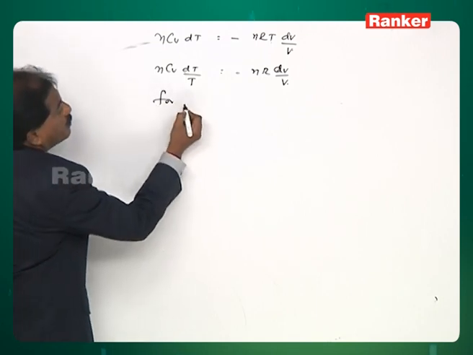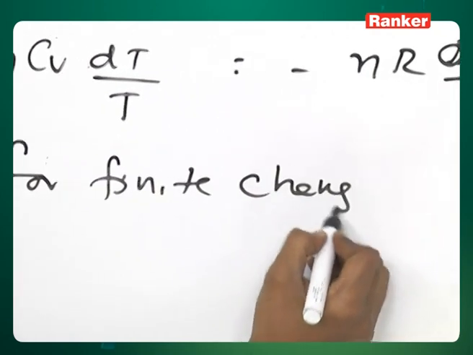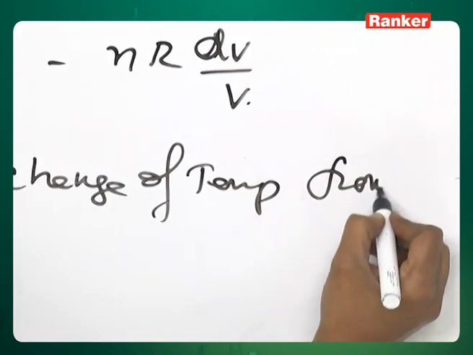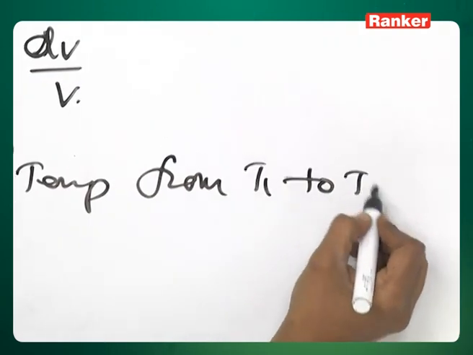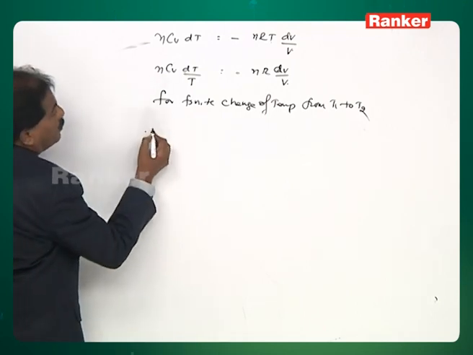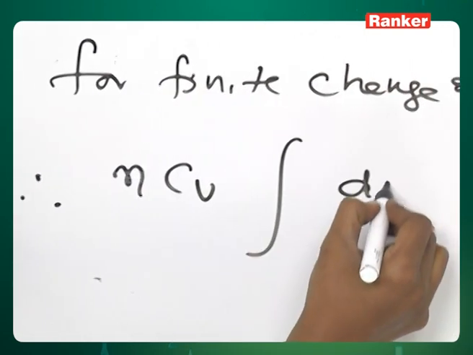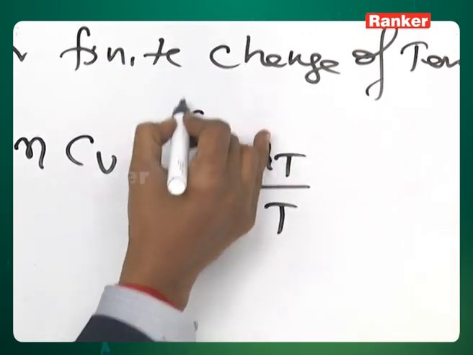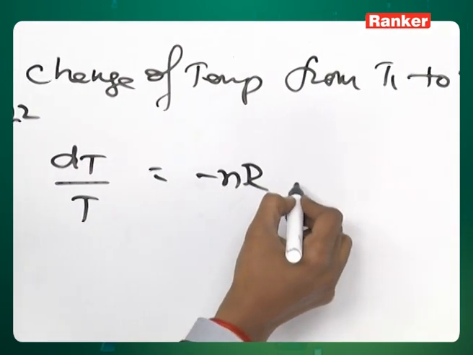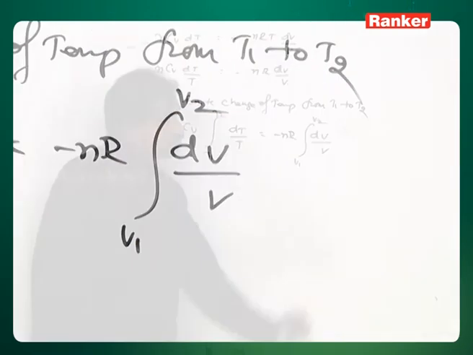Next, for finite change of temperature from T1 to T2, therefore, integral of nCv dT by T from T1 to T2 is equal to minus nR dV by V. Here V1 to V2.